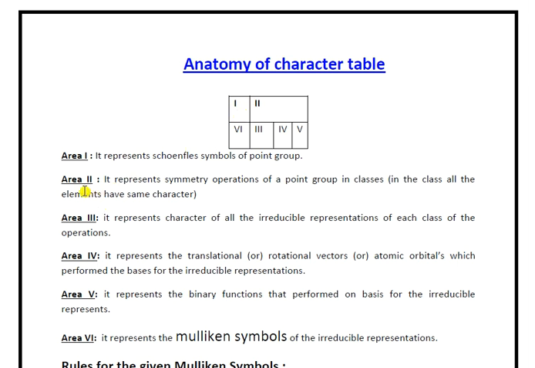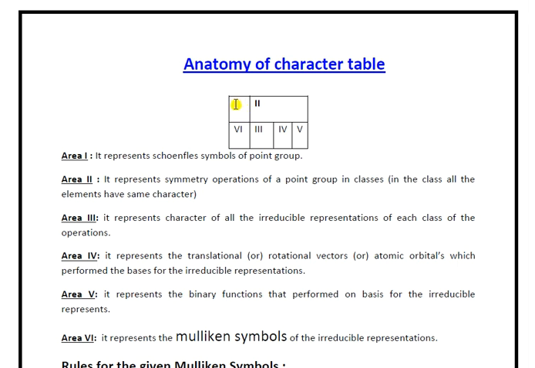Next, coming to region 2. It represents the symmetry operations of a point group in classes. For example, here in region 1 C2V is there.